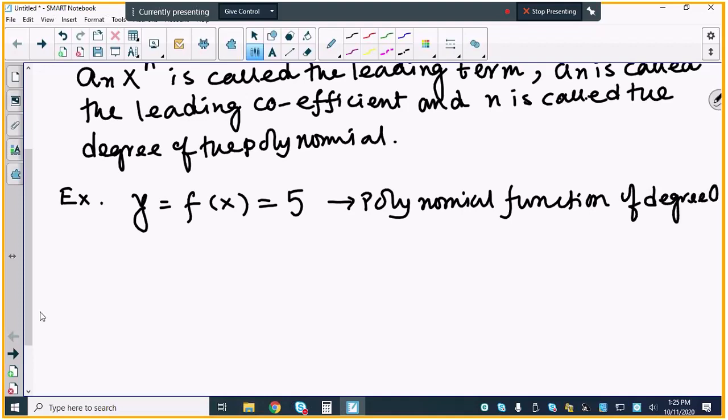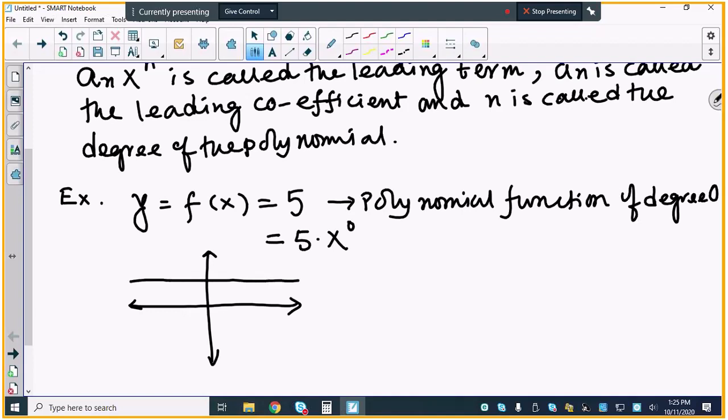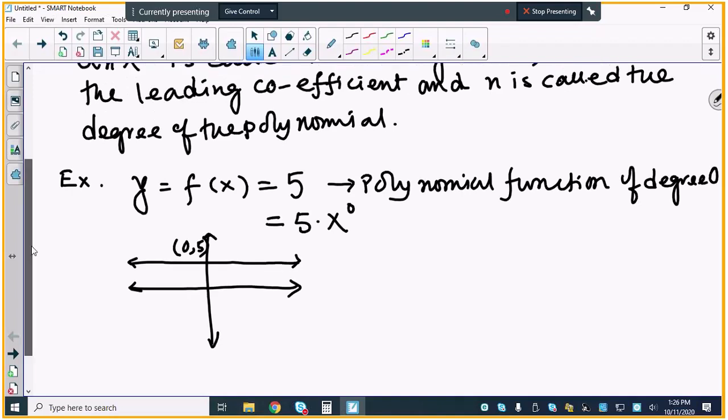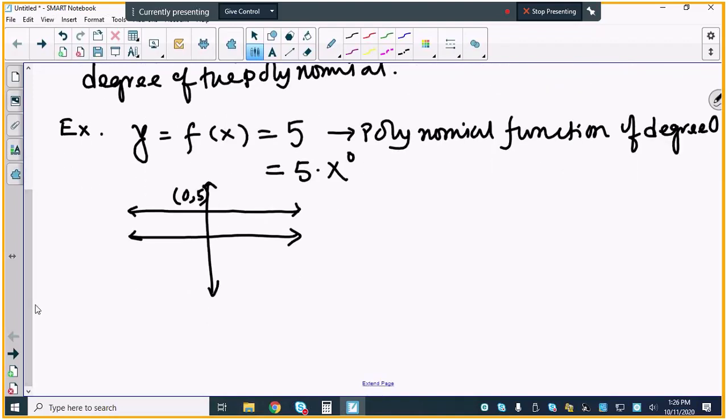And remember why this is so, because you can write it as 5 times x to the power 0. You know that this is the constant function. The graph of this function is the horizontal straight line that passes through the point (0, 5). The y coordinate on this line is always 5 units. So any constant function is a polynomial function.